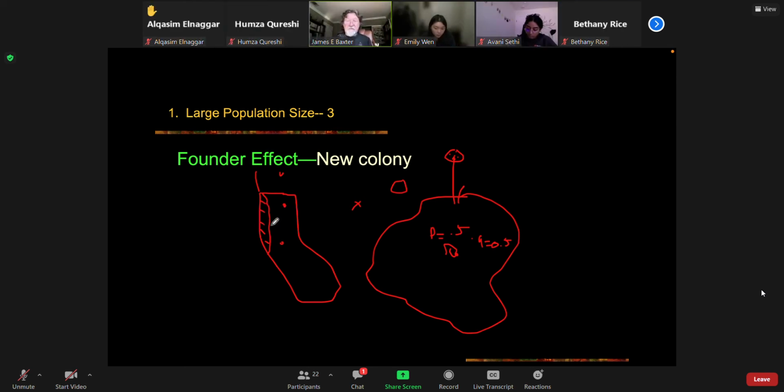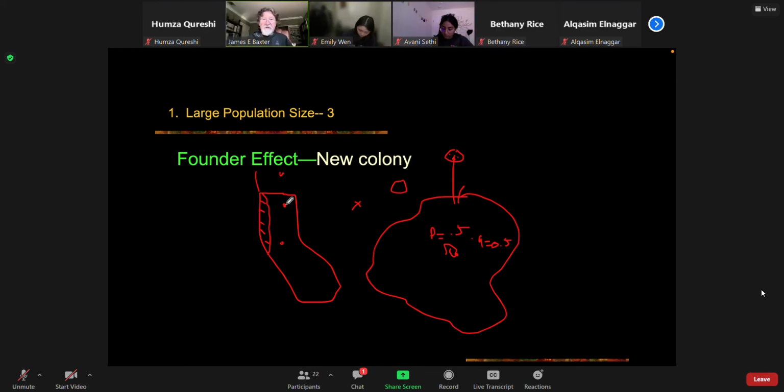Yes, Alquazim. So although that spot is not suitable for the redwood trees, is it possible that with genetic drift, a certain type of redwood tree is theoretically able to live there? The thing is, when we're dealing with redwood trees, they have such a long lifespan. Genetic drift changing things really rapidly is something that happens with a shorter generation time.